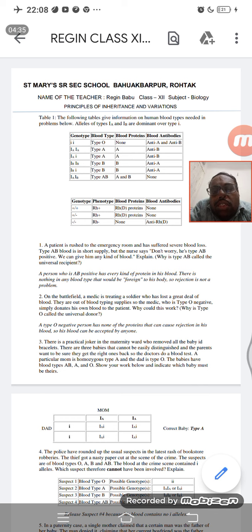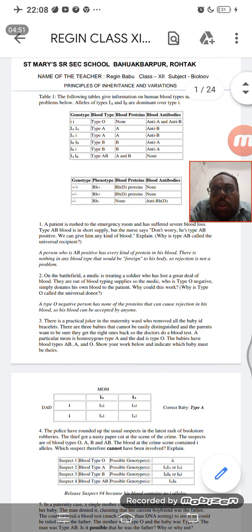If you don't know this table, it is very difficult to answer the questions, and these questions are mostly asked in exams because they come for 1 mark or 2 marks, so they are asked many times.